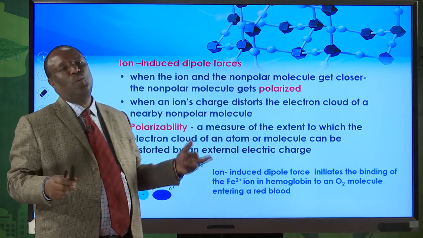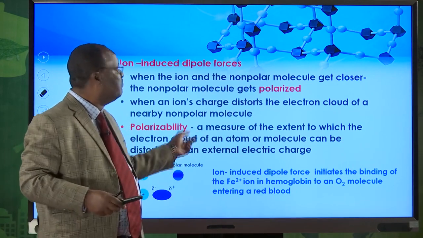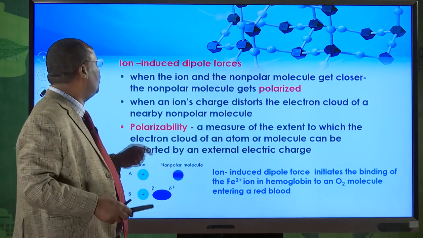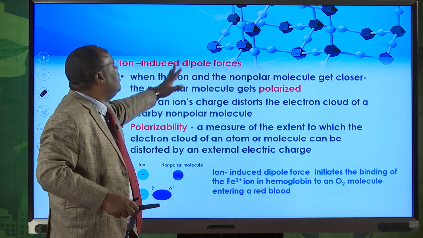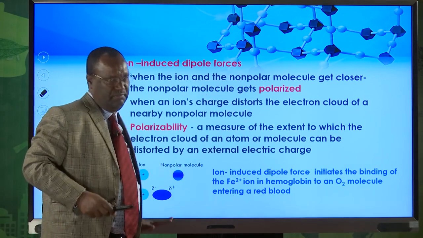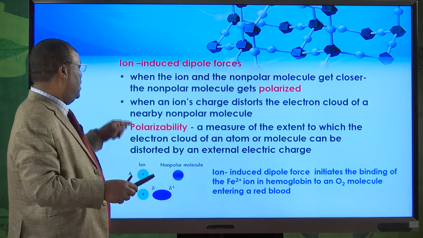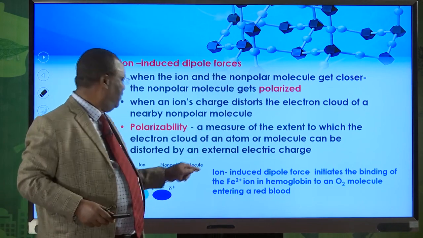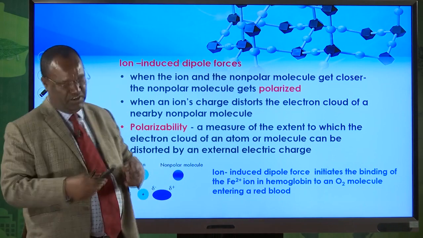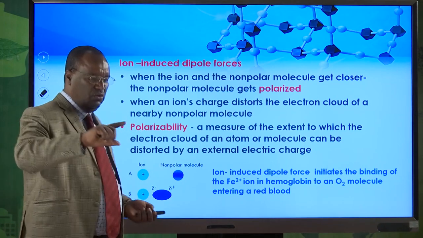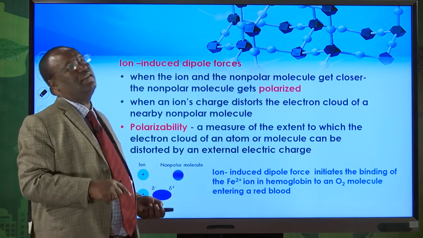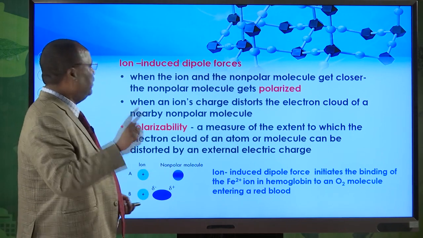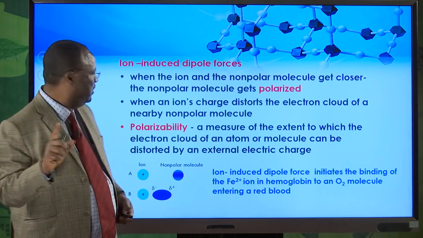What makes oxygen dissolve in blood? The interaction between the ion and oxygen due to ion-induced dipole force. This is the interaction between the iron in hemoglobin and the oxygen molecule entering red blood cells. So that is an example of ion-induced dipole force.